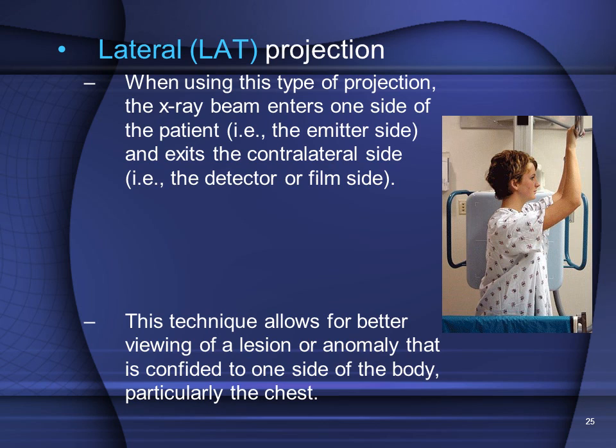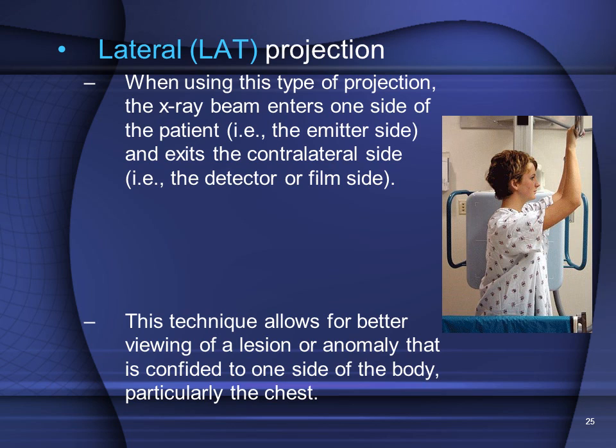In the lateral projection, we have the side of the patient that contains the lesion, in this case the left side, against the cassette or the bucky containing the cassette, and the emitter is on the contralateral side.